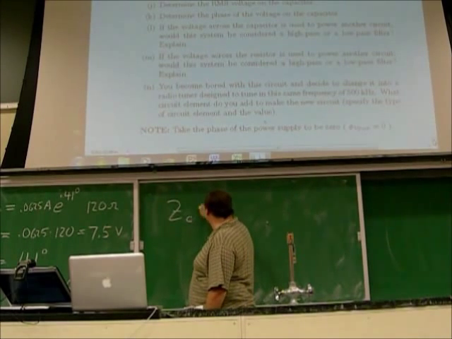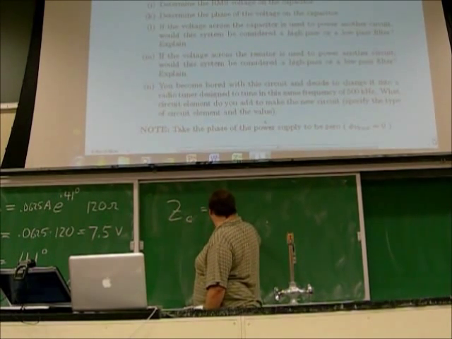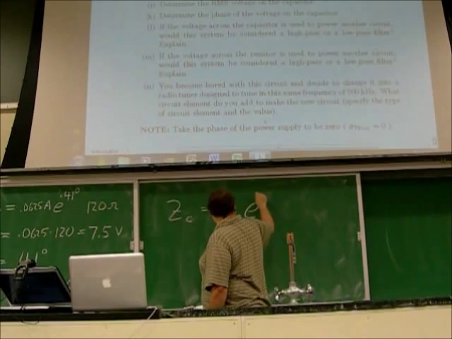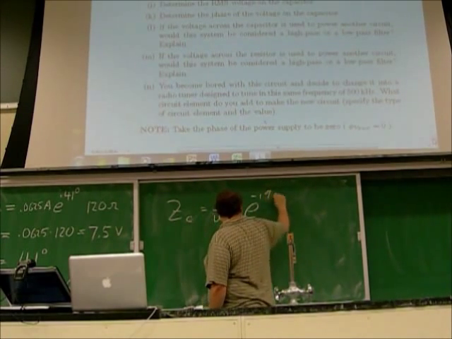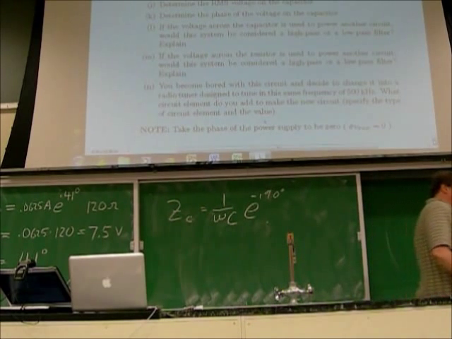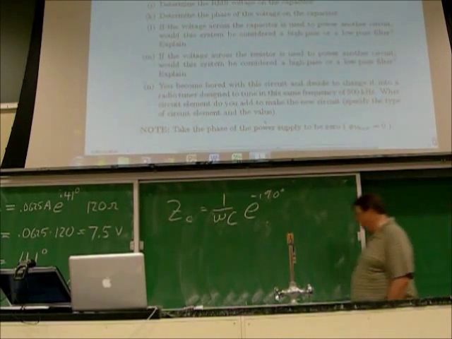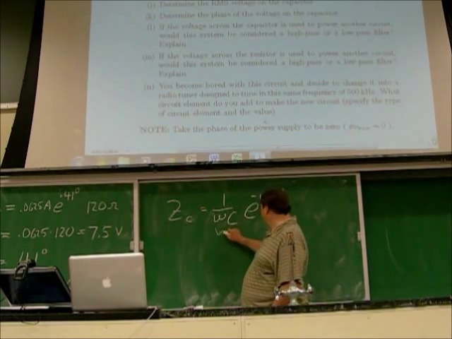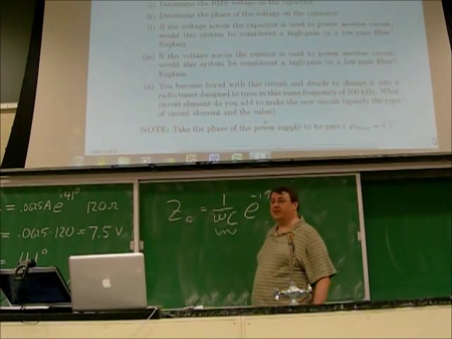The Z of a capacitor is 1 over omega C e to the i minus 90 degrees. The minus 90 degrees means, in this case, current first, then voltage, because that's what we understand about how capacitors function. And the number in ohms is this one, 1 over omega C.